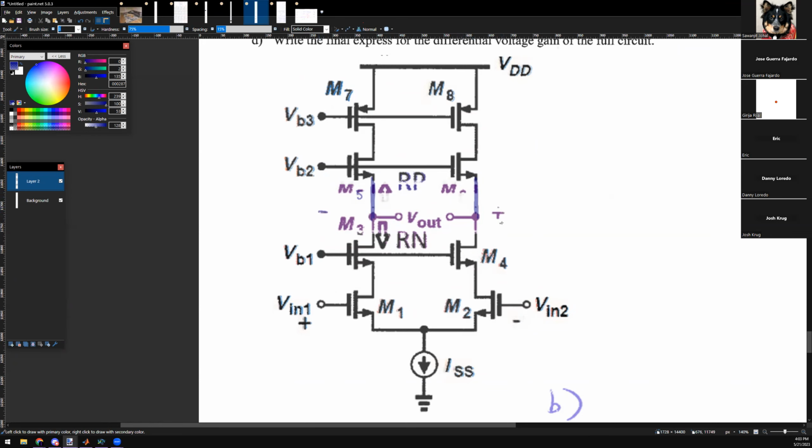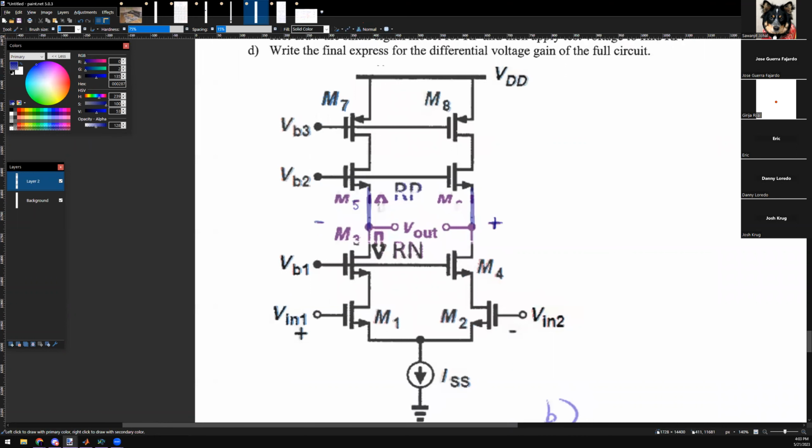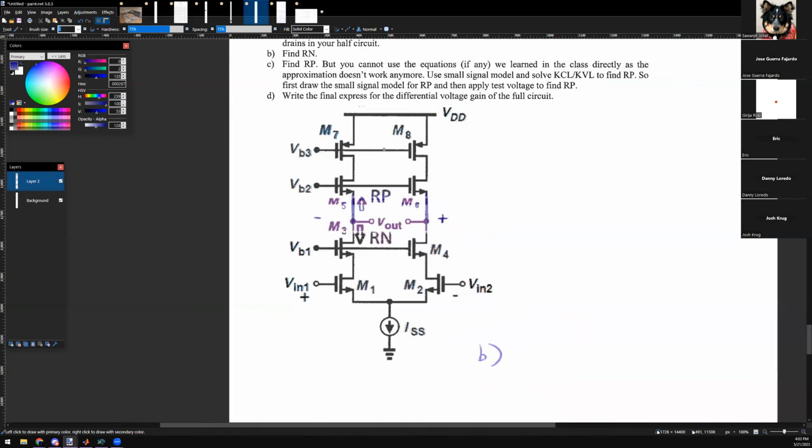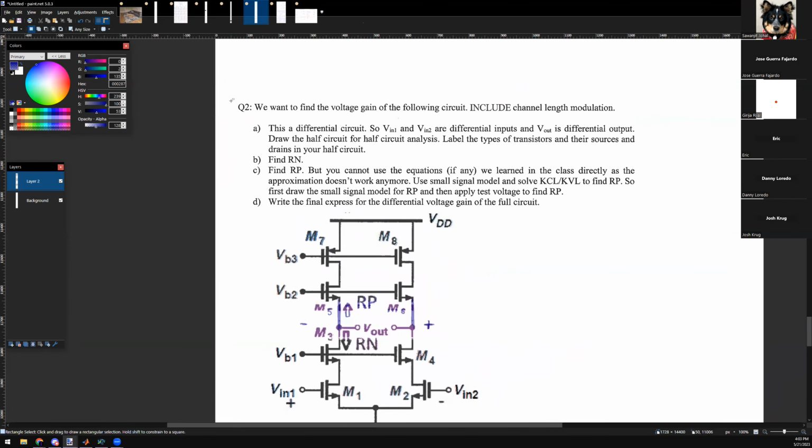Okay, is this it? Yes. 5, 6. So this is 6. Yeah, of course it is. There is RP and another is RN. Okay. It's just the printer, I believe. Maybe the printer. Yeah.